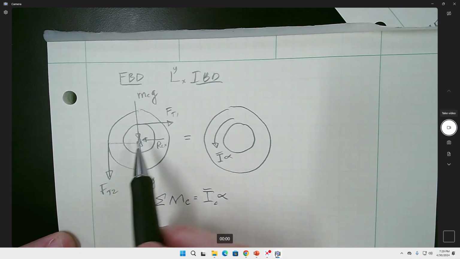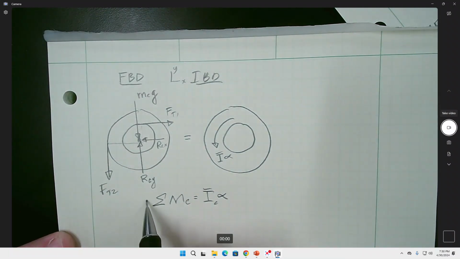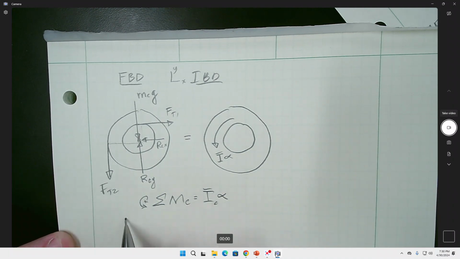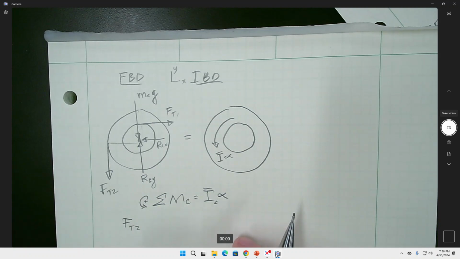All right, cool. So we have that going for us. Remember that the convention is counterclockwise is positive. So we go FT2 times, I don't remember the name of the thing, I didn't give it a name. I guess we go RA.